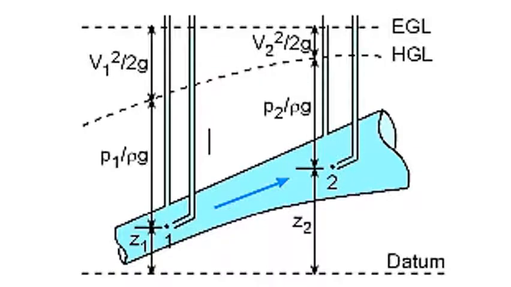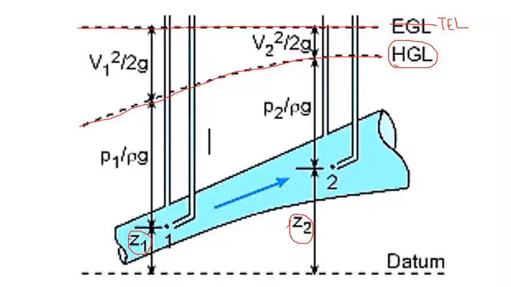This is the pictorial representation of the hydraulic gradient line and the total energy line. So this is the hydraulic gradient line, and above that you can see the total energy line, which is the TEL. As said in the definition, you can see that there is a datum at section 1 and section 2, which is the potential head or the datum head, Z1 and Z2. That is the vertical height of the two points 1 and 2 on the pipe.